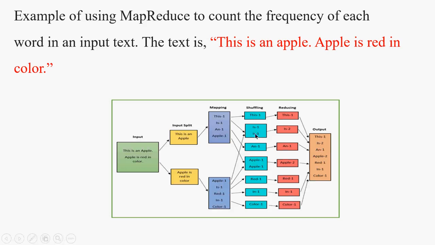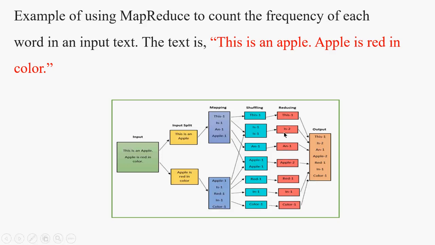You can do two things: either you can shuffle it and sort it in alphabetical order, so that apple comes first, then color comes next, then is comes third, and so on. Here they have done only shuffling, in some order.